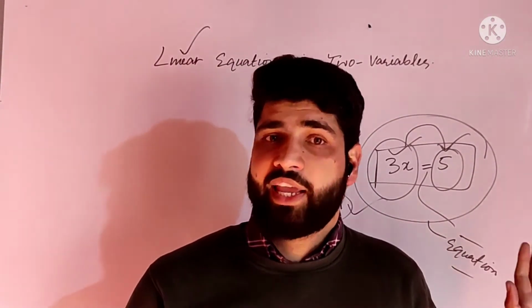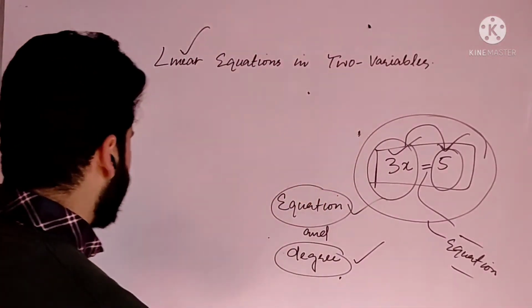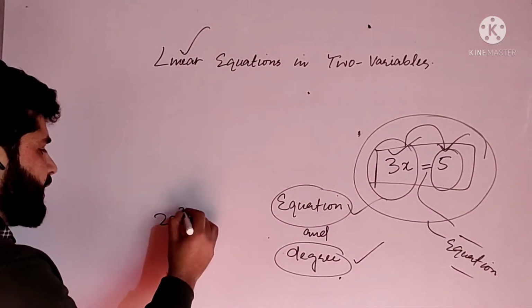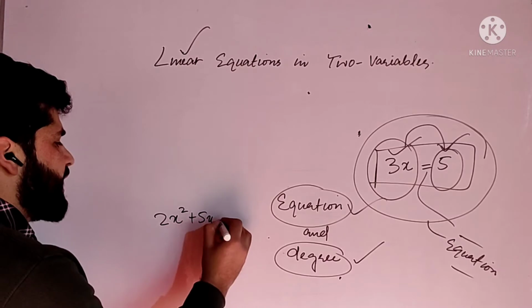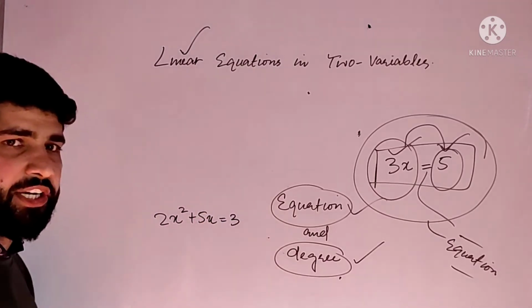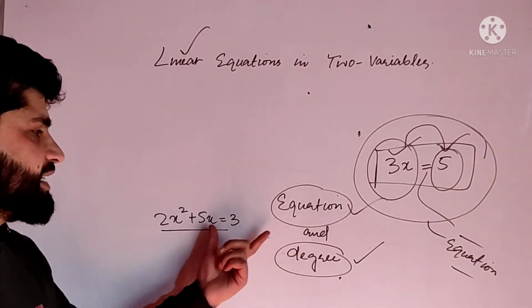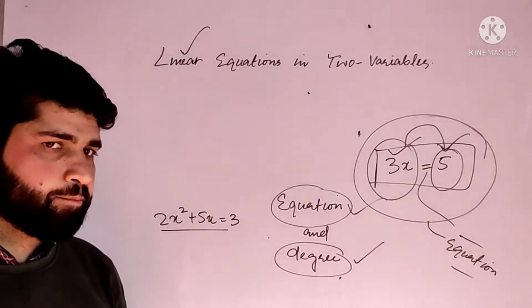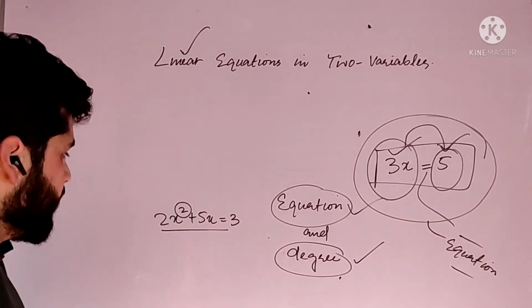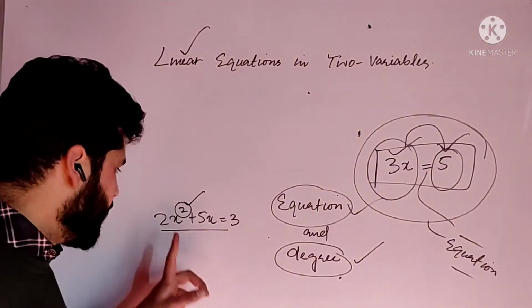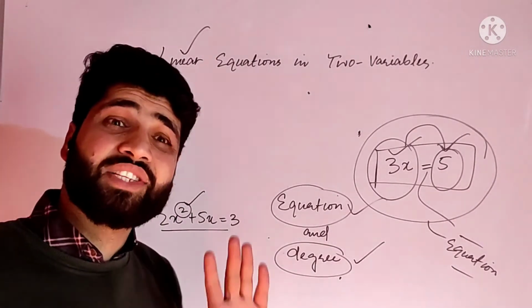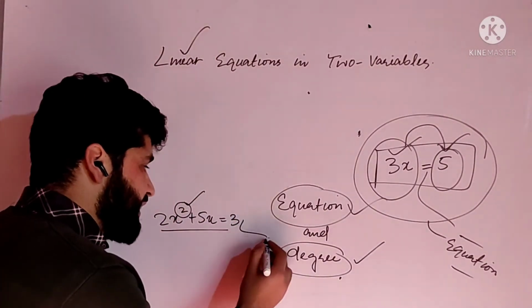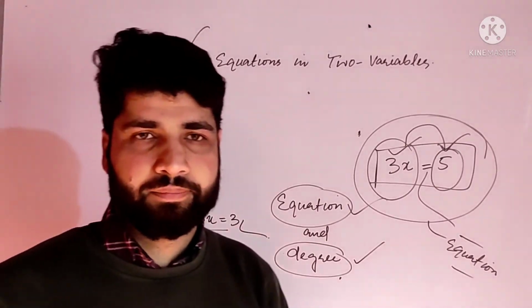polynomial. Here in an equation, if we have an equation like 2x squared plus 5x is equal to 3, this is an equation because this quantity is equated to that quantity. Here we have 2 as an exponent of this variable, so this 2 is considered the degree of this equation.